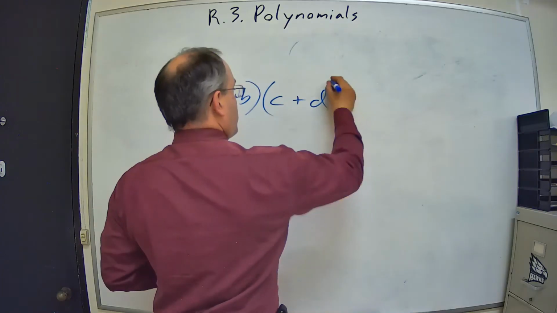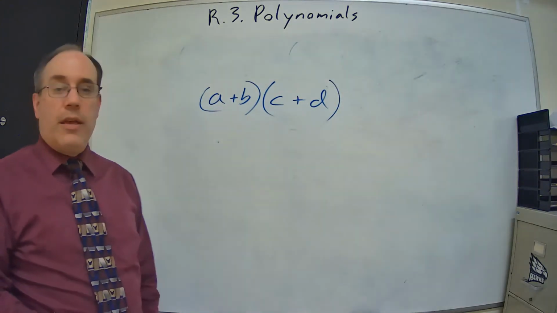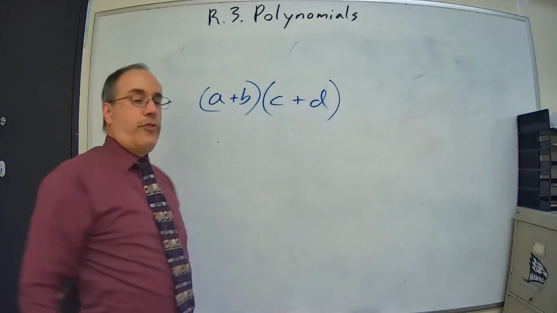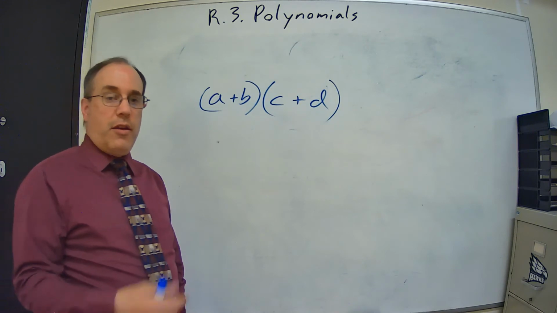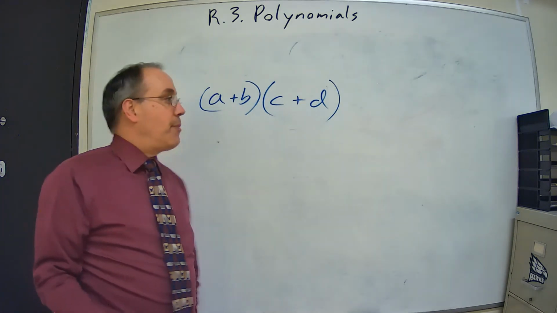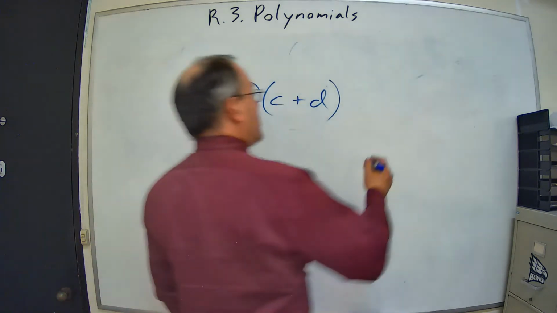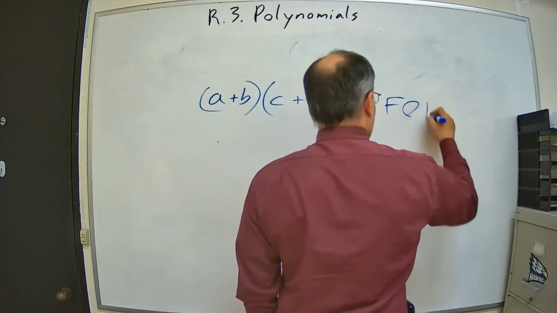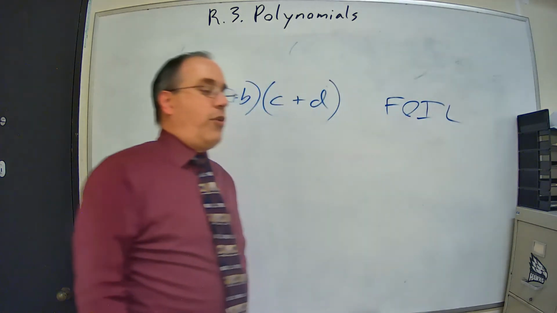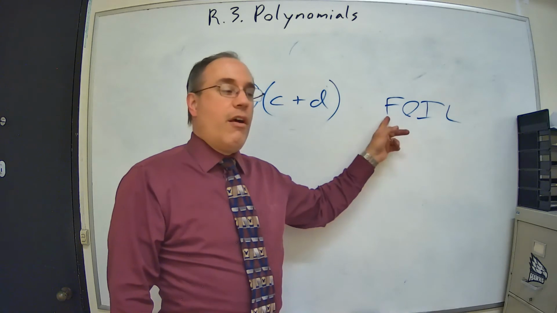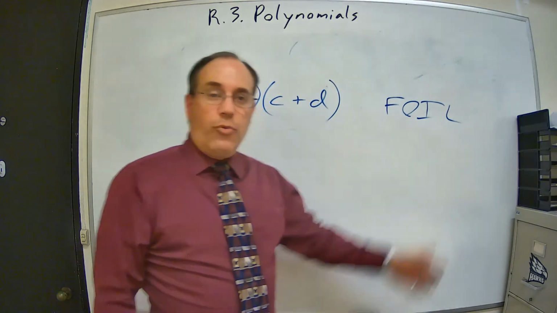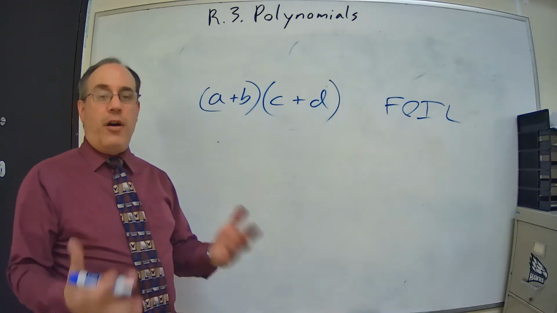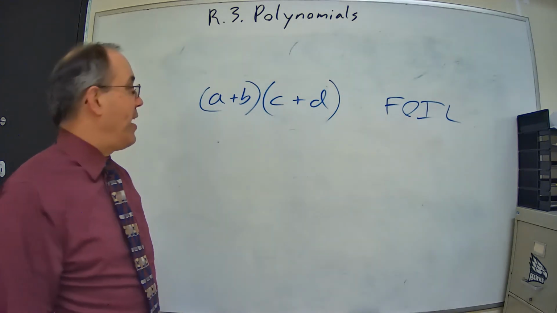I'm going to make that parenthesis look more like a parenthesis. And the first thing I'm going to do is, if I'm multiplying binomials, I'm going to use FOIL. And you've seen FOIL before, I know you have. FOIL stands for, say it together with me, first, outer, inner, last. Which means you're going to get a sum of 4 different products.